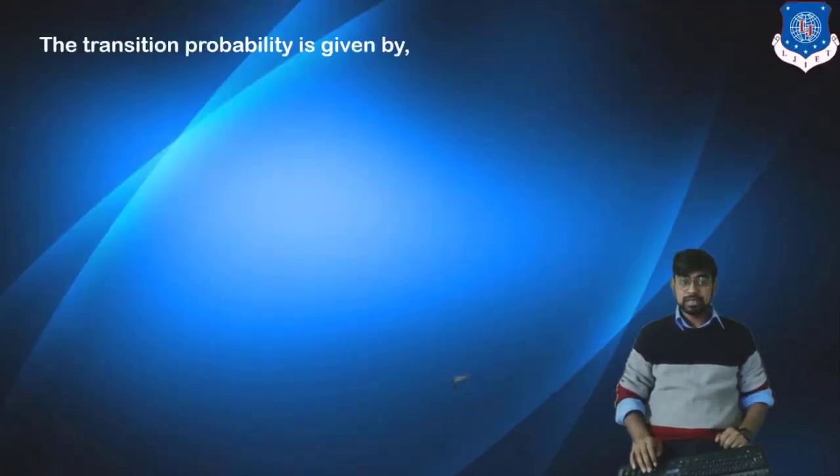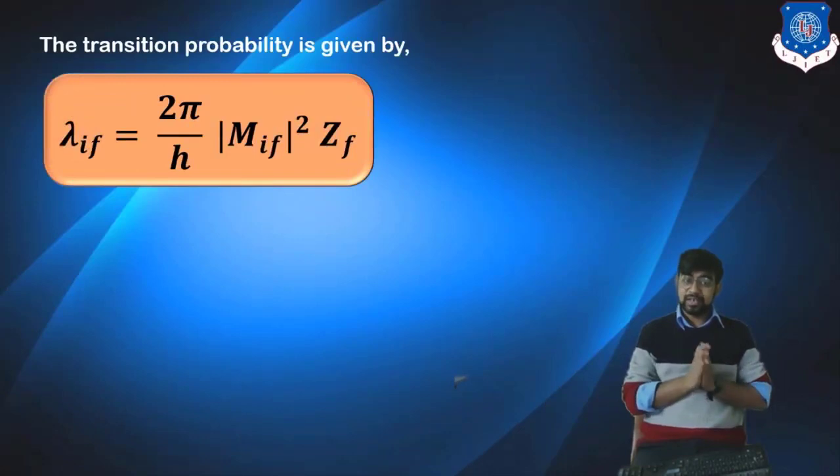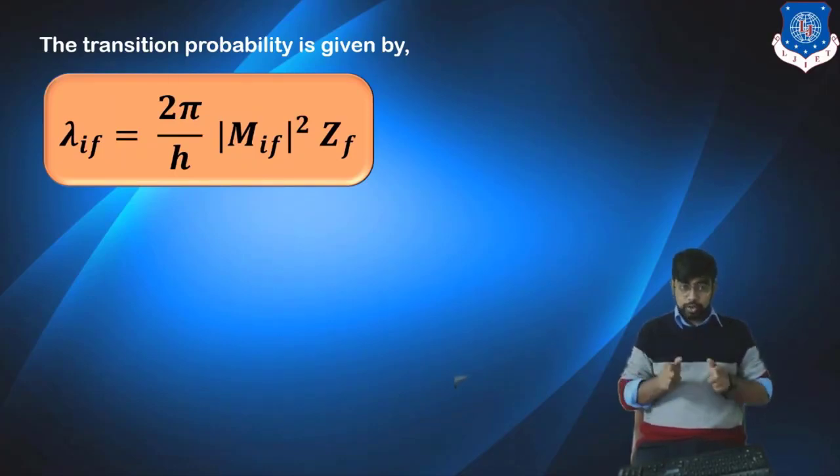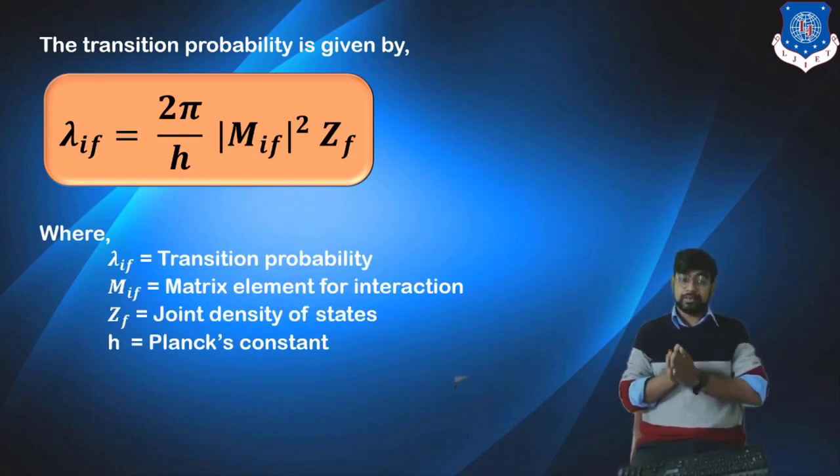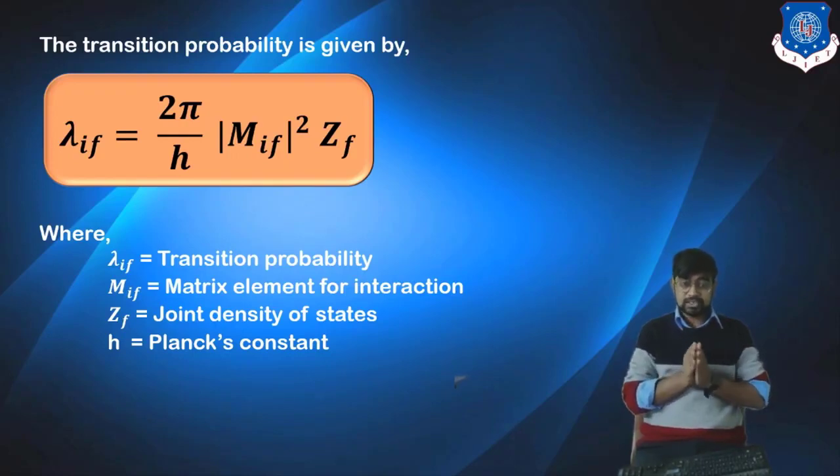Now the transition probability is given by lambda IF equals 2 pi by h into mod MIF square ZF, where lambda IF is the transition probability, MIF is the matrix element for interaction, ZF is the joint density of states, and h is the Planck constant.